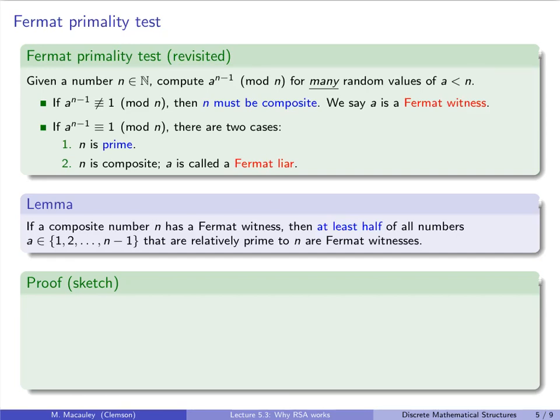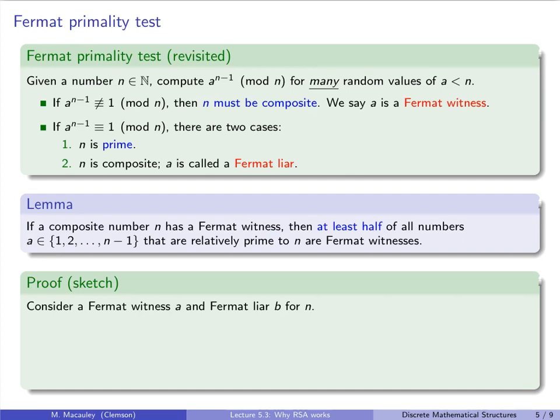Here's the actual lemma that I'm talking about. If a composite number n has a Fermat witness, then at least half of all numbers a that are relatively prime to n are Fermat witnesses. Okay, how do we prove this? By assumption, n has a Fermat witness.